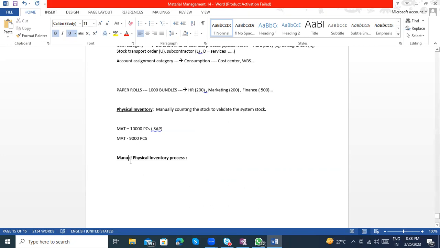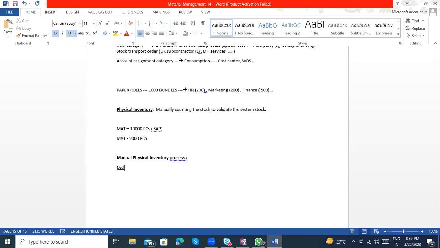Then I can do it manually: create a physical inventory document and process the count. If any difference comes up, you can do the recount.